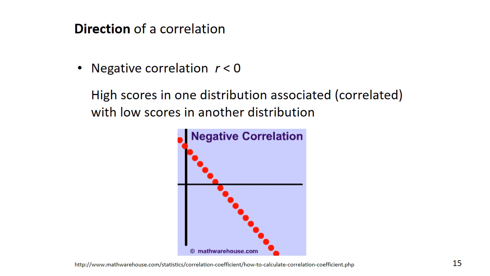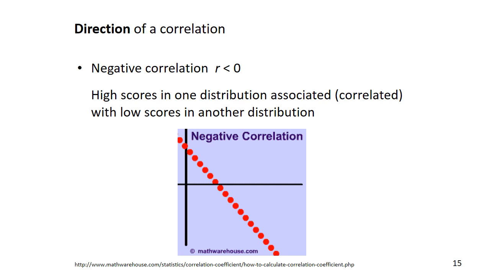And sometimes that's not a bad thing. So let's say high scores on the SAT with number of teen pregnancies. That was probably going to be a negative correlation. You'd be surprised if you actually saw a positive correlation there.